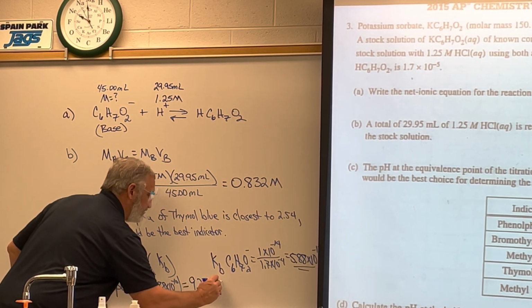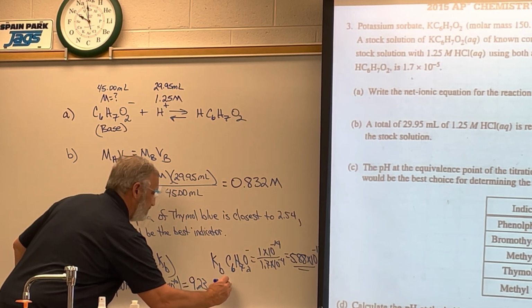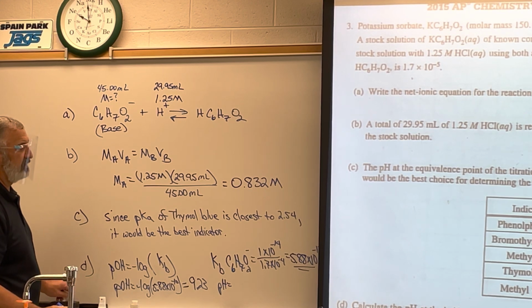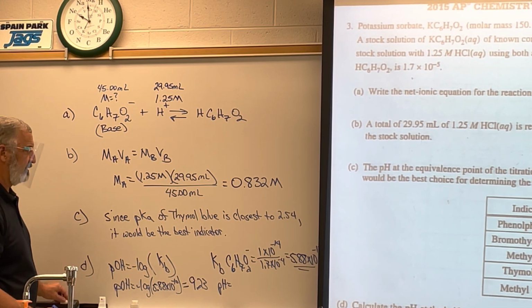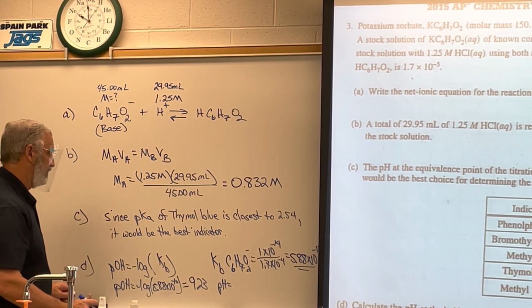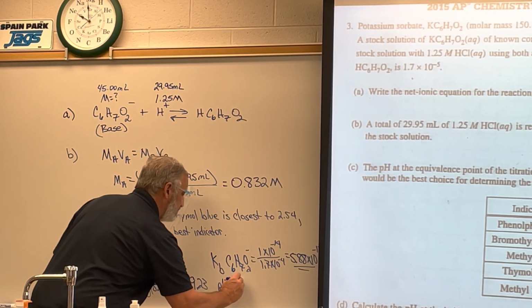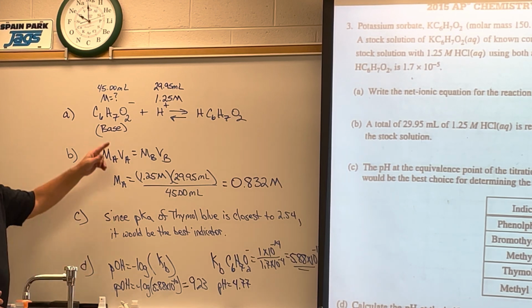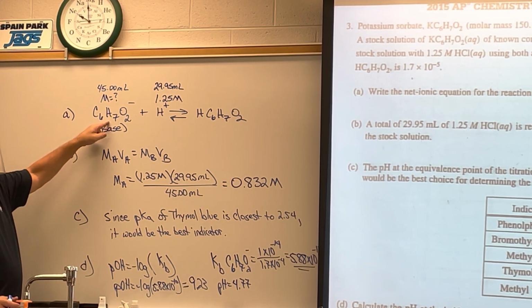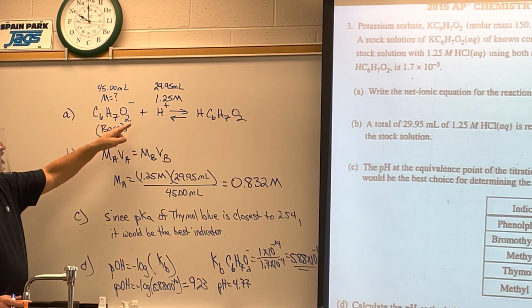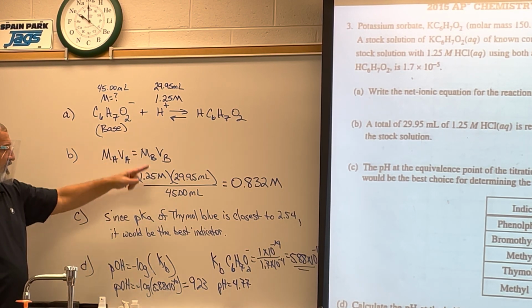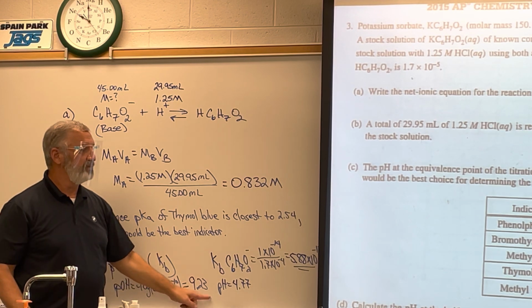Therefore, the pH is equal to 4.77. Now notice that that's way below 7, okay? But that just means that this is very weakly basic. You're adding the H+, it's bringing the pH down quickly, okay? And now we're at 4.77.